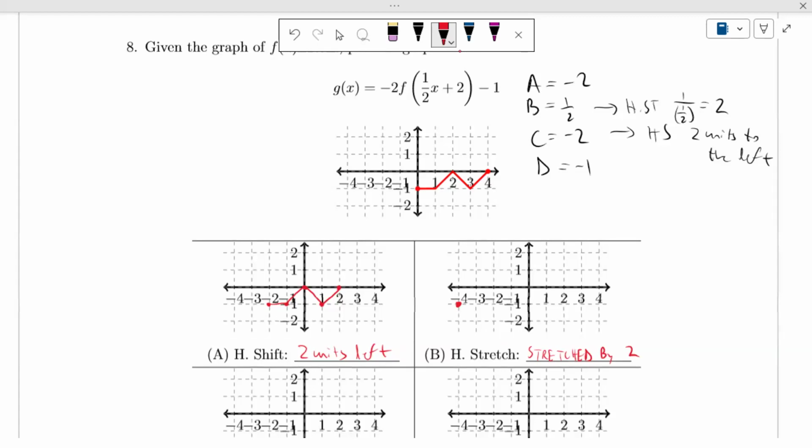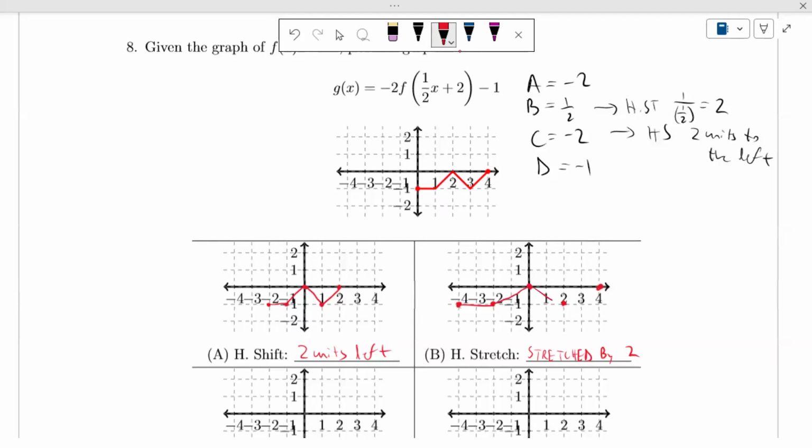Now it's going to be at negative 2. Over here we had an x value of 0, so that times 2 is still 0. Over here we had an x value of 1. Now that's getting multiplied by 2. And then over here, we had an x value of 2. Now it's getting multiplied by 2. Okay, so that's what it looks like. Everything has been stretched by a factor of 2.